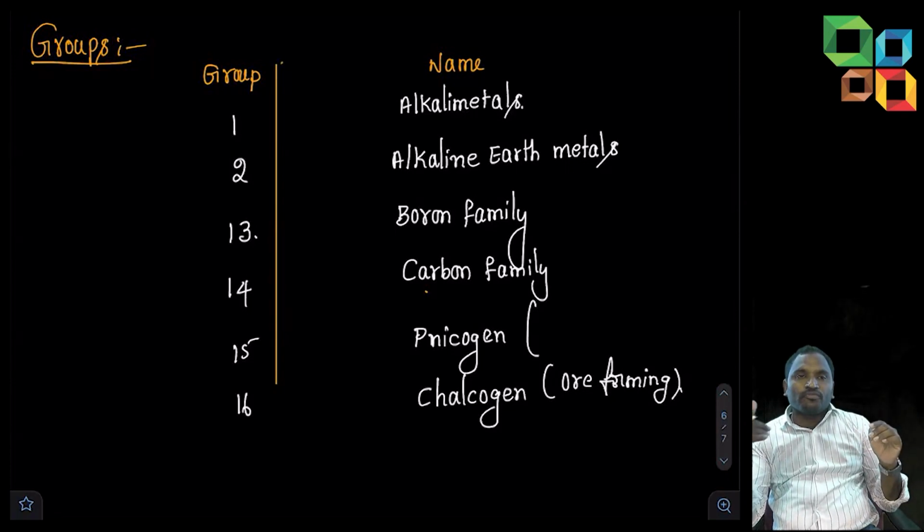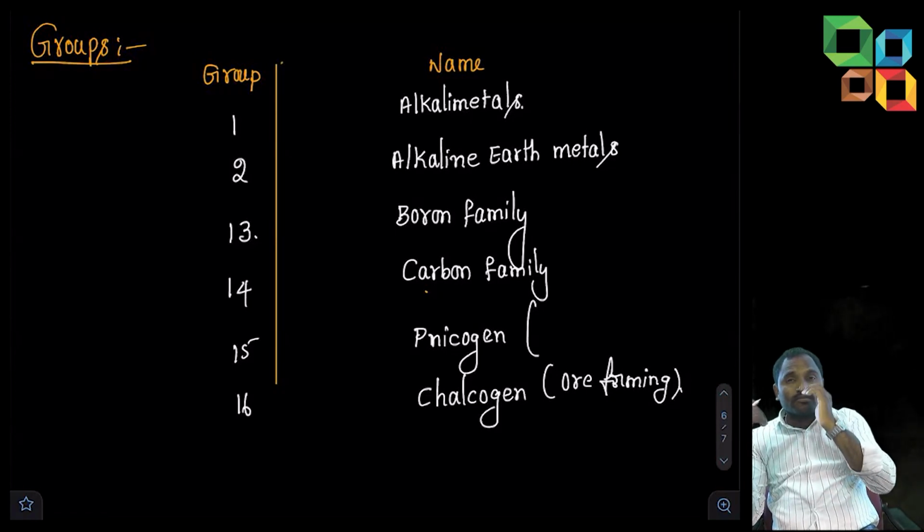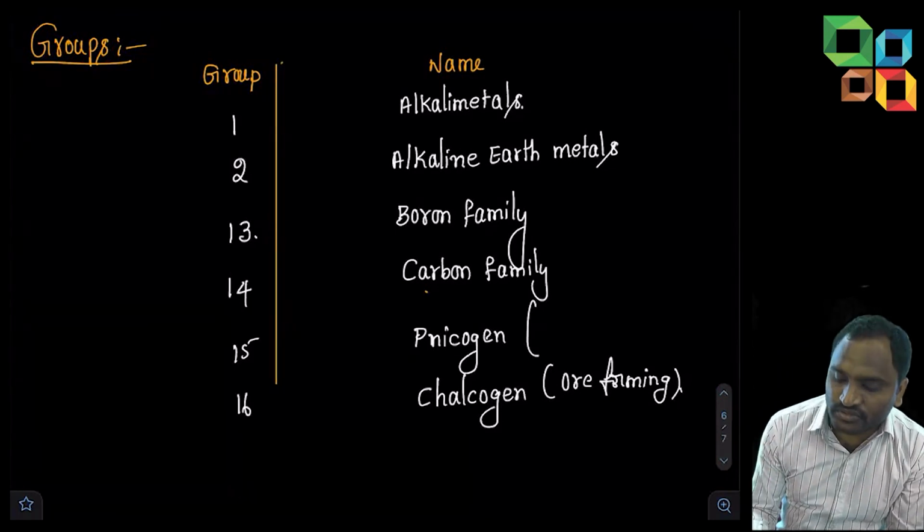So these are also called ore forming elements. Iron oxide, mercury oxide, zinc oxide, these are all ores. Aluminum oxide is also an ore. So the combination of these elements is there in the ore composition. So, ore forming elements, chalcogens.